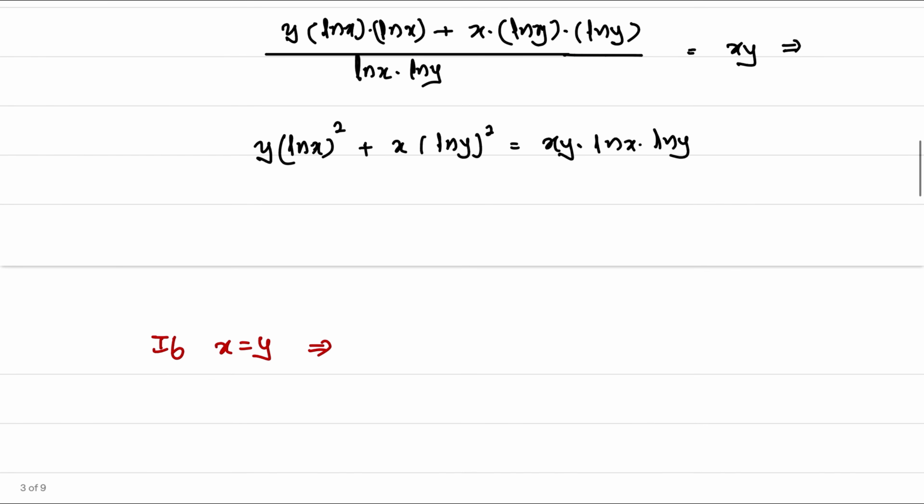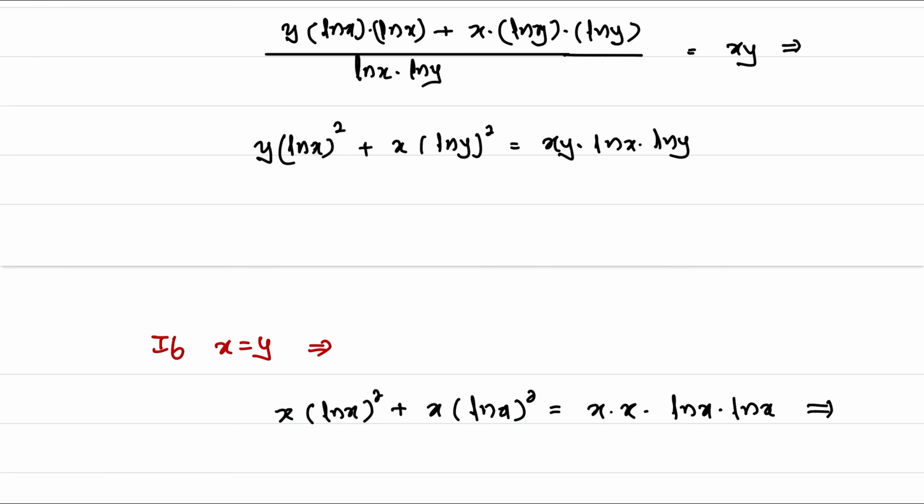Hence, y and x are interchangeable, or if we say x is equal to y, then what happens? y is replaced by x into ln x whole square plus x into ln x whole square is equal to x into ln x into ln x. Do you agree?